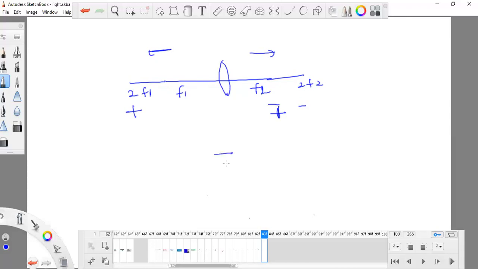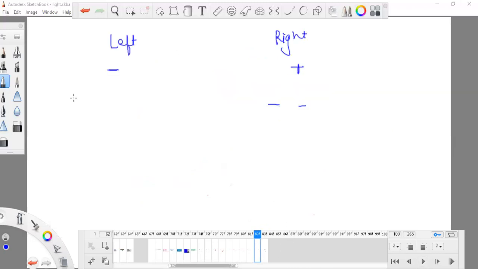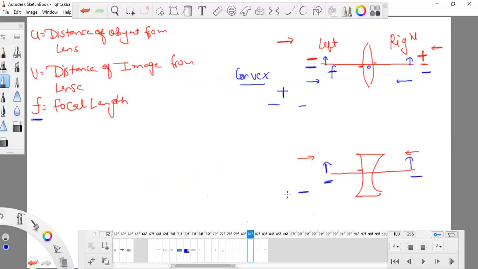And for concave lenses, both focal lengths are considered negative. So you have to use a negative sign for the focal length for this type of lens.